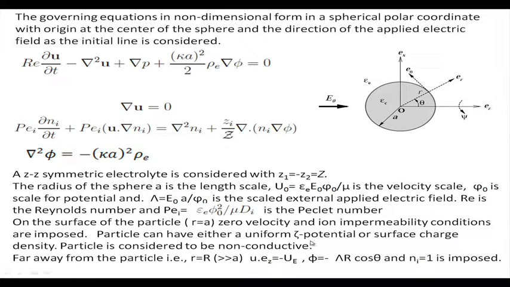So, these conditions are either in terms of constant zeta potential or constant surface charge density. Far away from the particle, where the presence of the particle is no longer important, we can impose the condition that the fluid is moving with a velocity u e and phi, the electric field, merges with the external electric field lambda r cos theta. R is the radius at which we are measuring, and n I equal to 1.